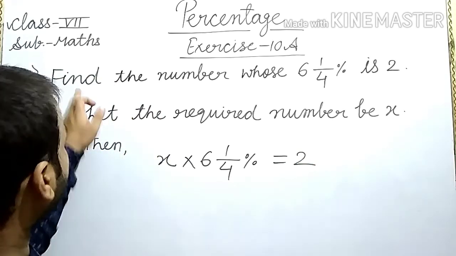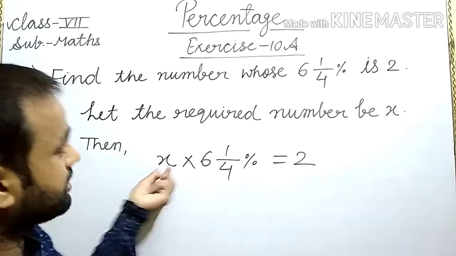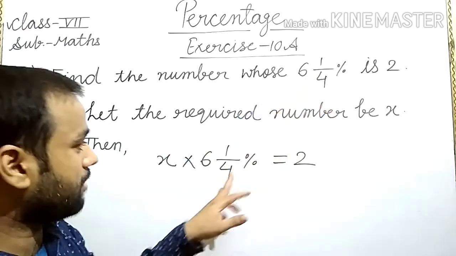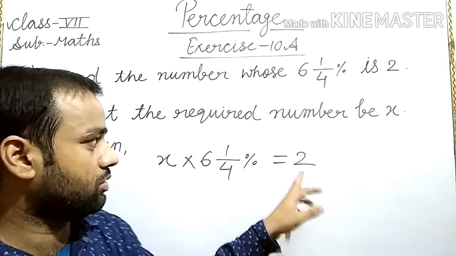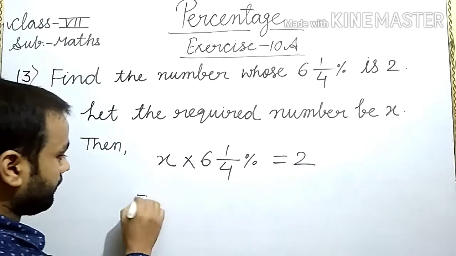Again repeat: find the number. The number will be x, whose 6 whole 1 by 4% is equal to 2.